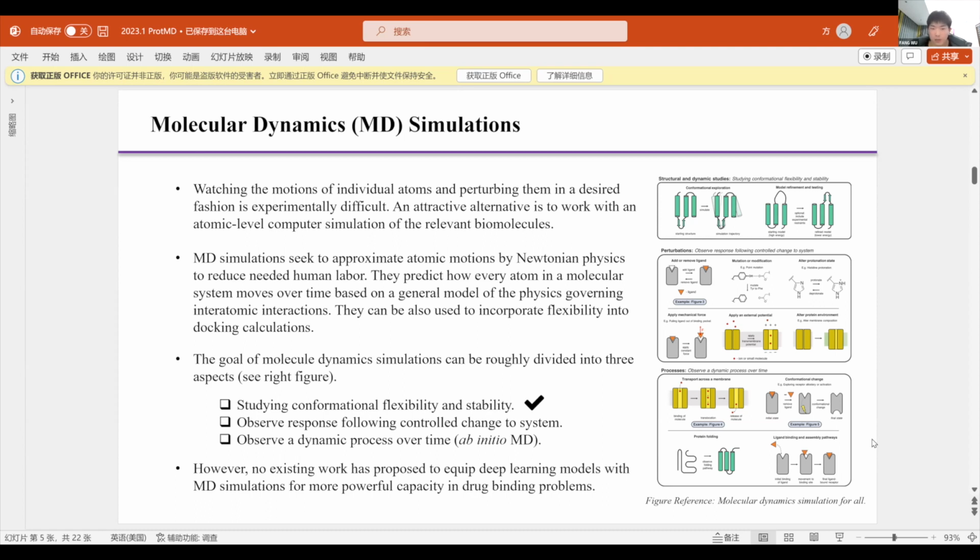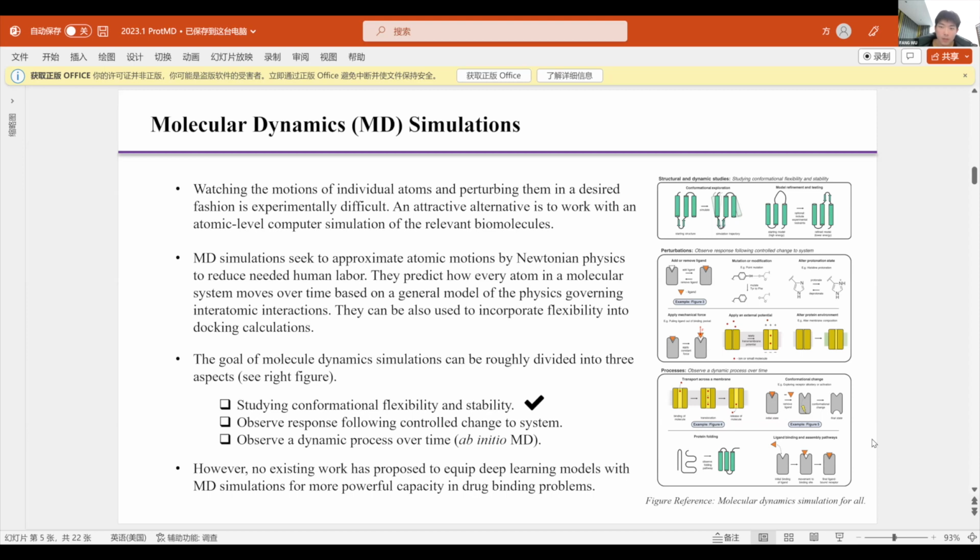MD simulations seek to approximate atomic motions by Newtonian physics to reduce needed human labor. They predict how every atom in a molecular system moves over time based on a general model of the physics governing interatomic interactions. They can also be used to incorporate flexibility into docking calculations.